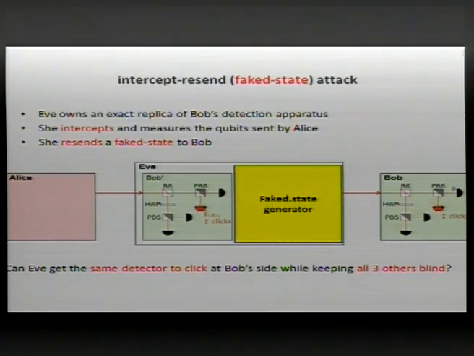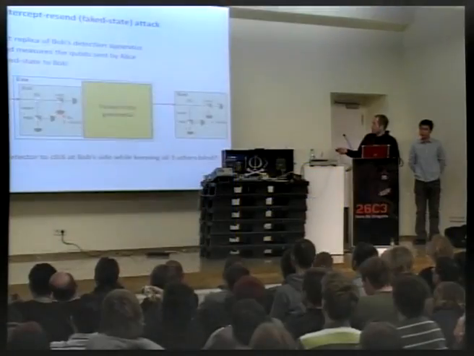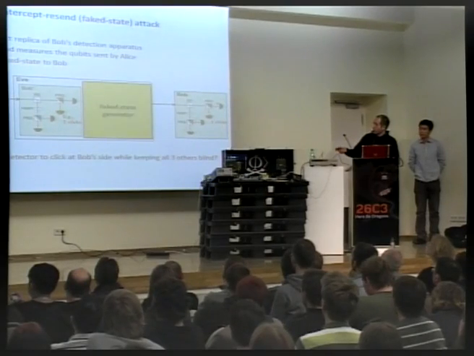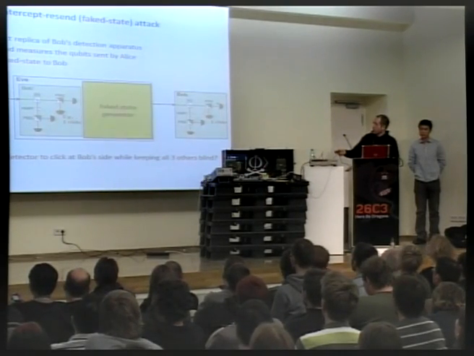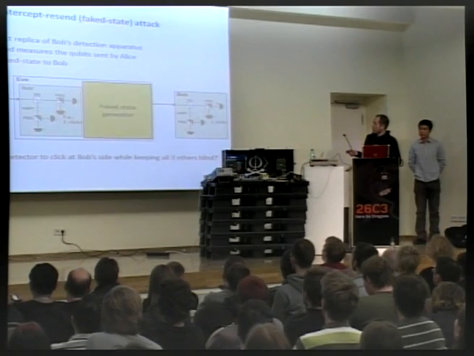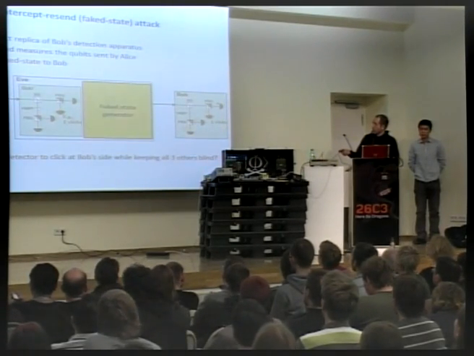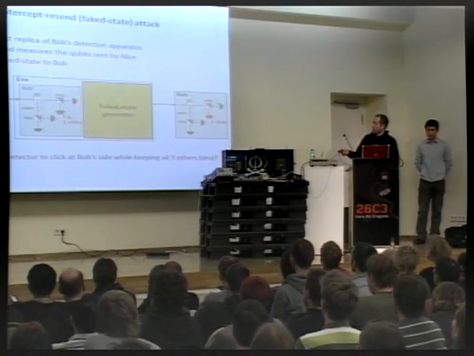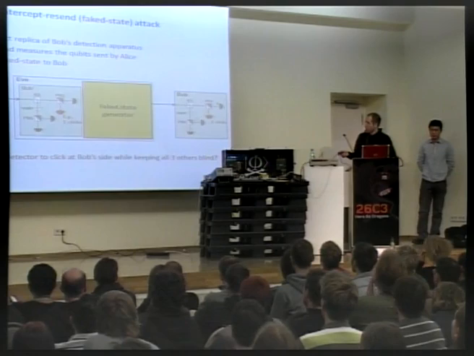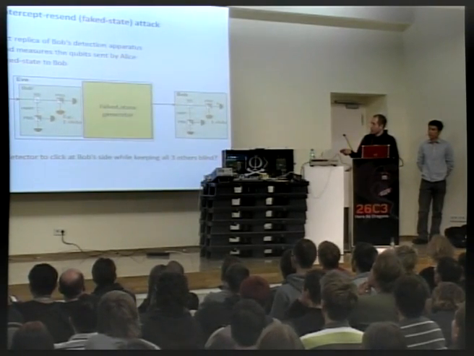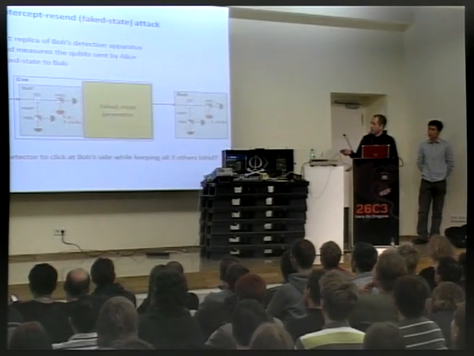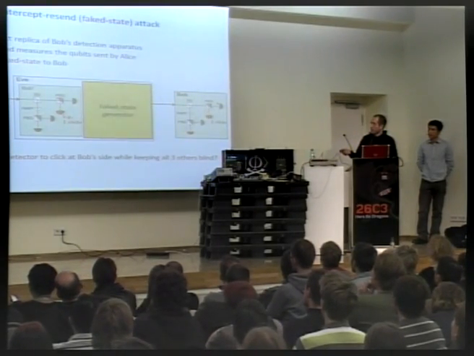So we have Alice on the left here. You recognize now Bob's detection apparatus. And Eve is in the middle. And as you can see, Eve has a detection apparatus, which is an exact replica of Bob's. And with that detection apparatus, she intercepts and measures the quantum bits sent by Alice. For instance, in the example here, you can see that you got a click at the detector registering vertical polarization in the horizontal-vertical basis.